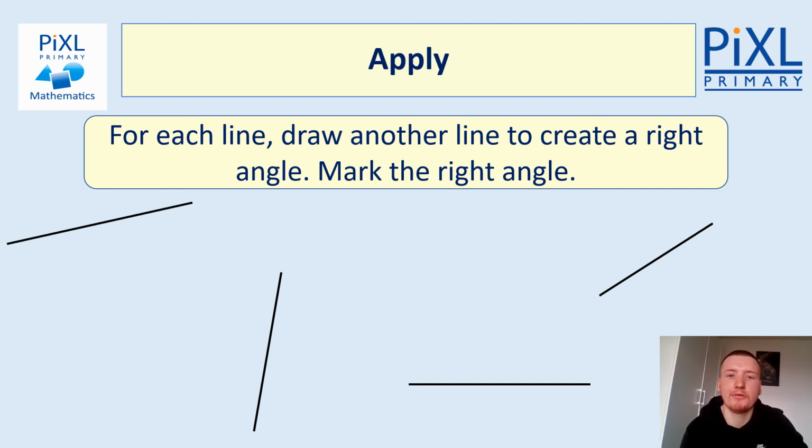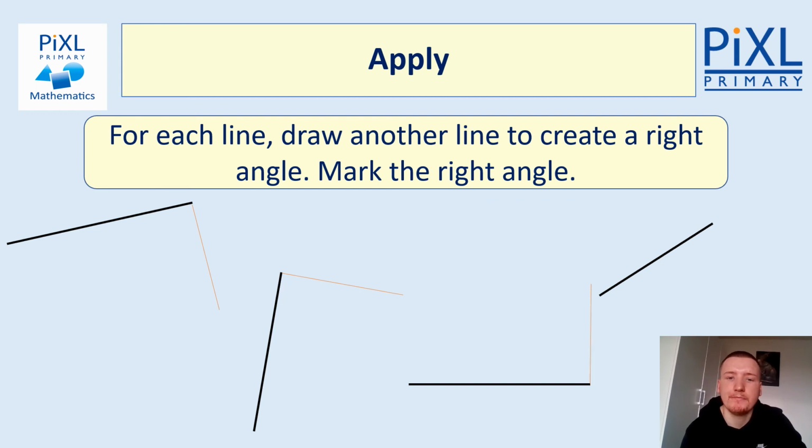Okay, let's quickly run through them. So looking at the first line, you will notice I have drawn it there. If you put a square to mark my right angle, you will see it's exactly 90 degrees. My next line is as follows. You will see if you draw a square to double check, you will find that is exactly 90 degrees.